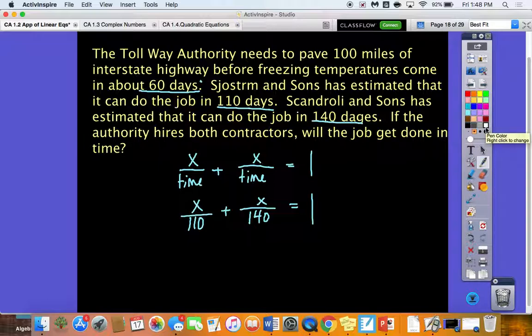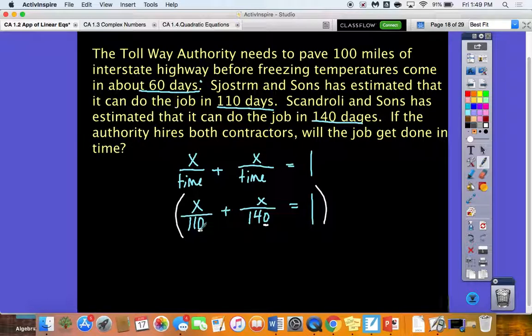But the way you work it is you need a common denominator. Well, hopefully y'all see if there's zeros on the back of them, that means 10 has got to be a factor. And then you've got 11 here and you got 14 there. That's all three of your factors.